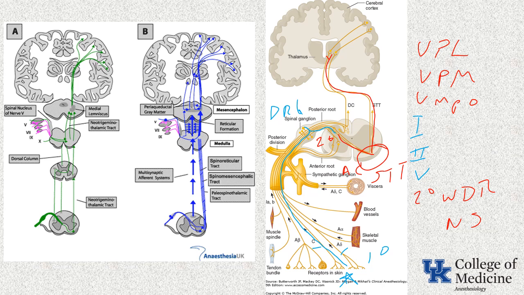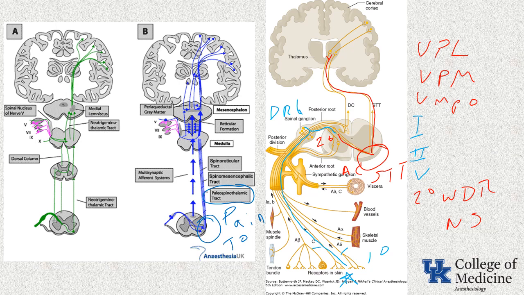So of note, the spinothalamic tract can be subdivided into the lateral spinothalamic tract, which is this one. And this is what transmits pain and temperature. This is also known as the paleospinothalamic tract. It's thought to be an older part of the nervous system.